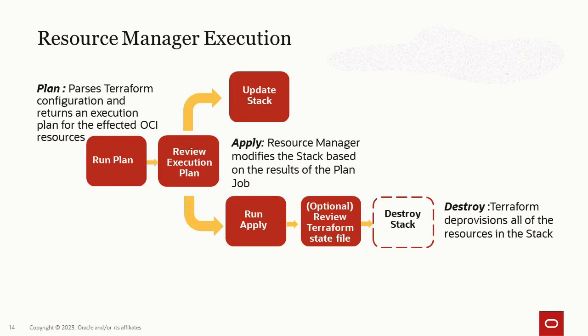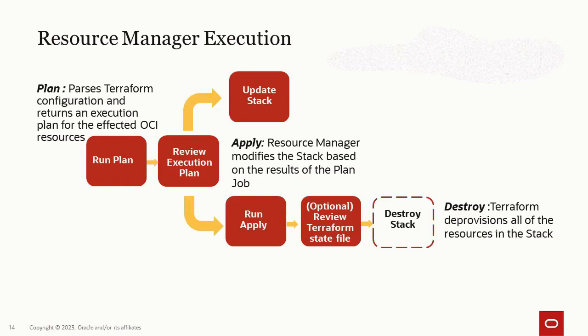And what that effectively means is Resource Manager is as secure as you've made your OCI tenancy, which should be very secure. So it is a good way to securely hand out API access to your users by doing it through Resource Manager. And here we're going to run through the Resource Manager execution plan.